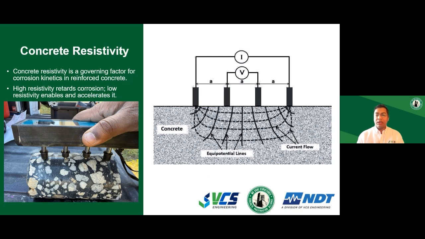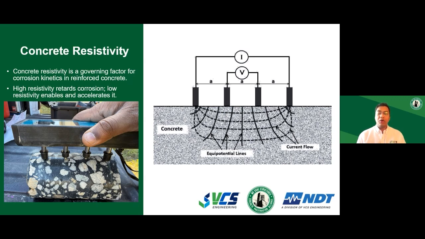So when you are performing this test on a concrete element, precaution should be exercised to avoid rebar at all cost. Because if you're performing the concrete resistivity measurements right on top of the rebar, it will give you false values, and it's a high chance of misinterpretation of the resistivity value, because presence of metal object can lower the resistivity value significantly.